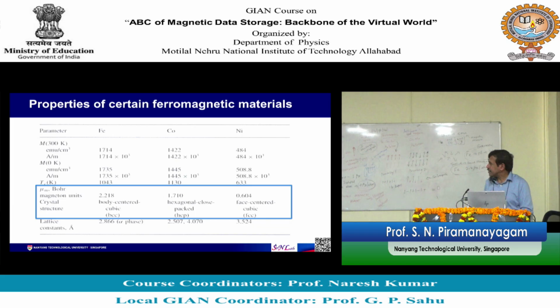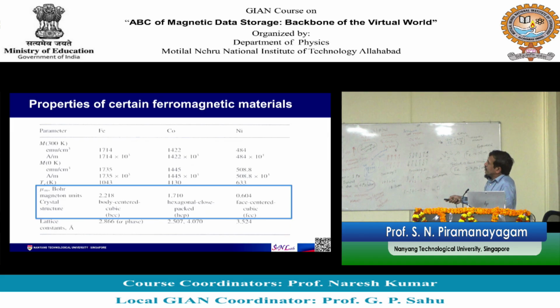Okay. If you look at this table, you will notice that iron has roughly 2.218 Bohr magneton per atom, cobalt has like 1.71 Bohr magneton per atom, nickel has 0.604 Bohr magneton per atom.